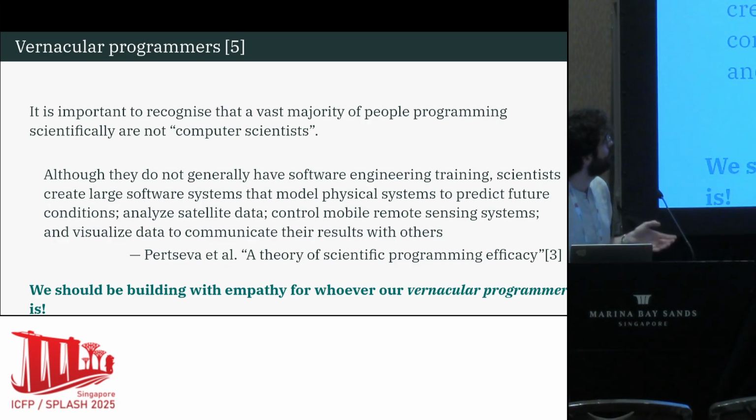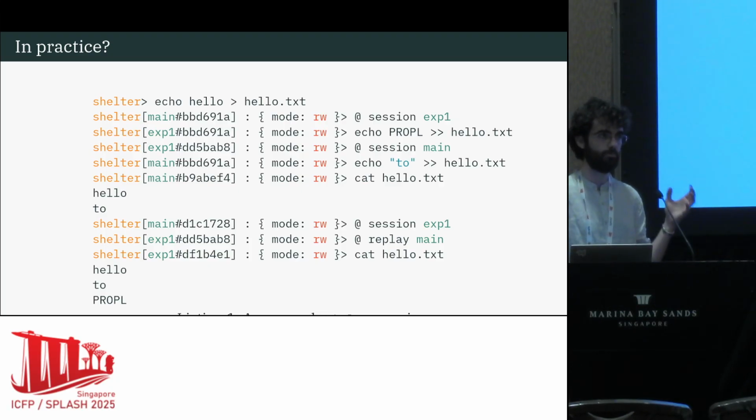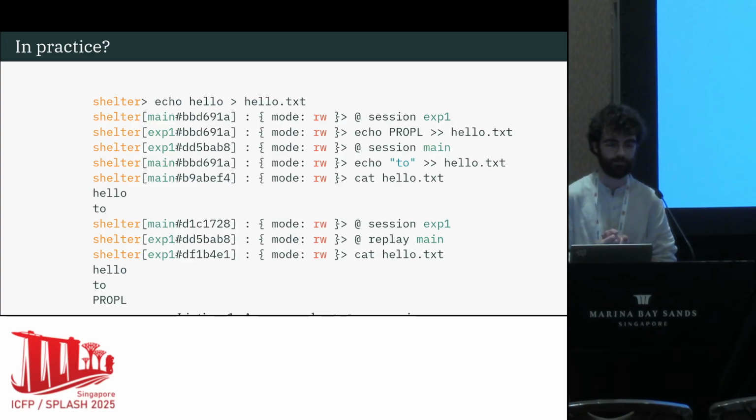I'd like to just round off with some of our own work that hopefully is looking at doing all of these things in some way, which is building a kind of shell session manager that builds in reproducibility and the ability to undo your mistakes, which is at the moment called Shelter.